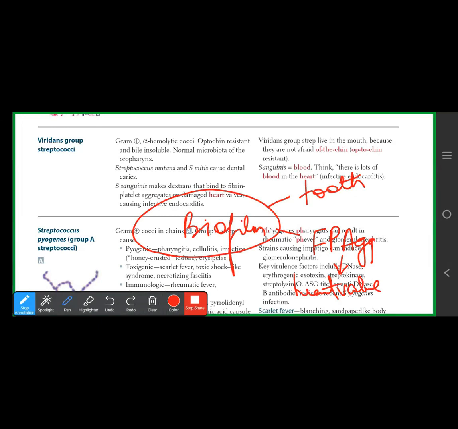That insoluble polysaccharide is your dextrans. So this biofilm production can adhere to the tooth enamel and to the fibrin platelet aggregates on the damaged heart wall. To be more specific, it is going to the damaged heart wall. Okay, and they are going to produce an insoluble extracellular polysaccharide, that is your dextrans.